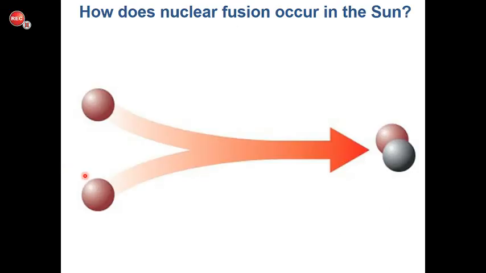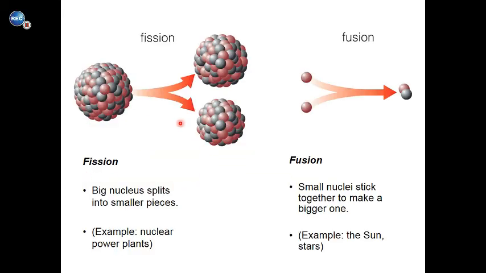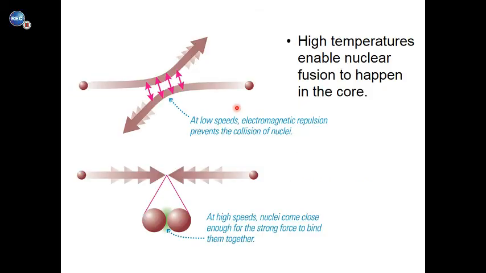So, how does nuclear fusion occur? Let's take a moment to describe fission. You take a big nucleus, you split it. Fusion is taking small pieces and making a bigger piece. So for fusion to occur, you have to put particles together. You have to build hydrogen into helium. But hydrogen is essentially protons. It's charged particles that repel each other.